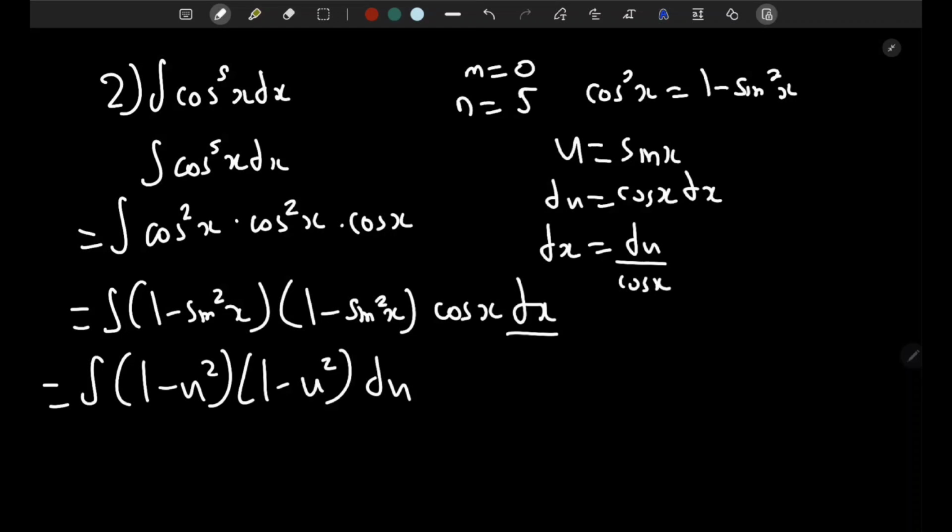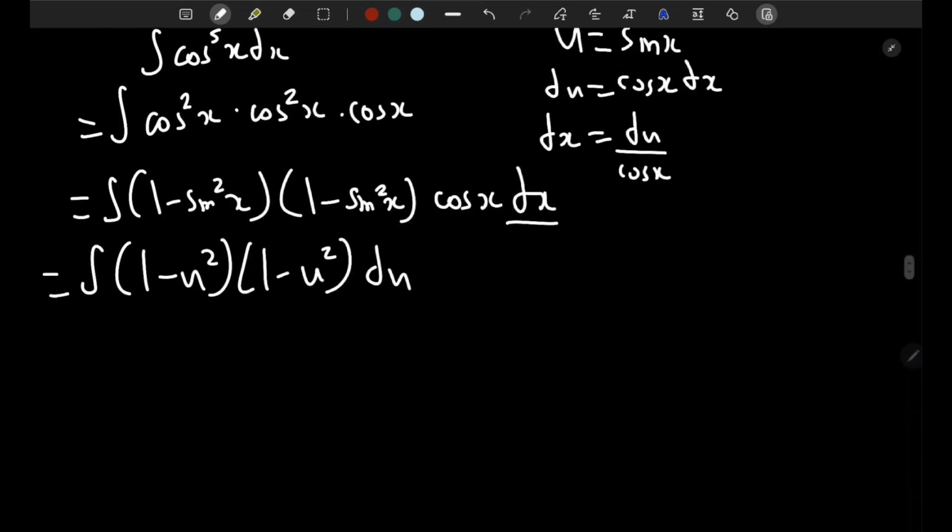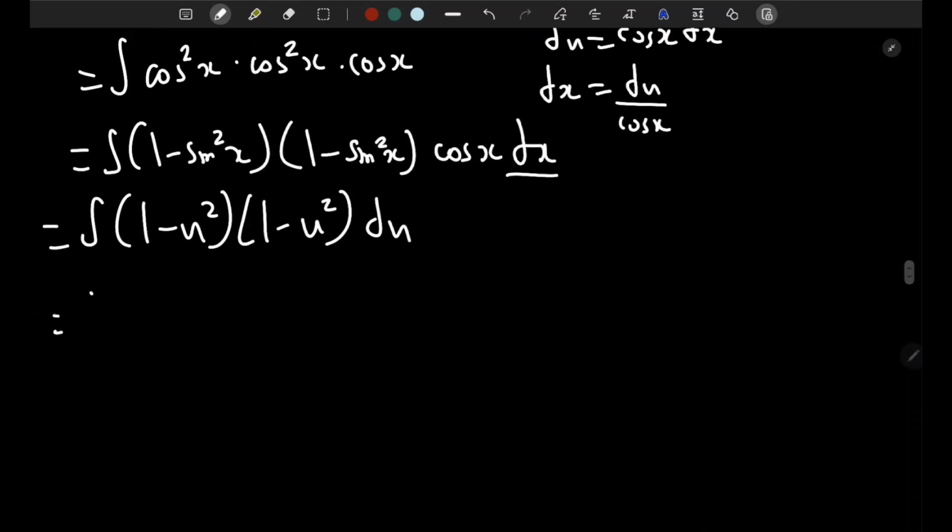So now it's pretty simple. We just need to multiply this and integrate this. So now we need to expand the brackets. It will be equal to integration of 1 times 1 is 1, 1 times negative u squared, then negative u squared times 1, then another u squared times u squared, and this is going to be plus u to the power of 4.